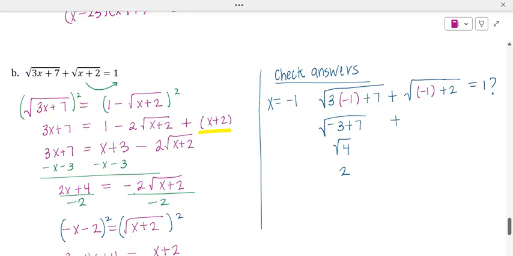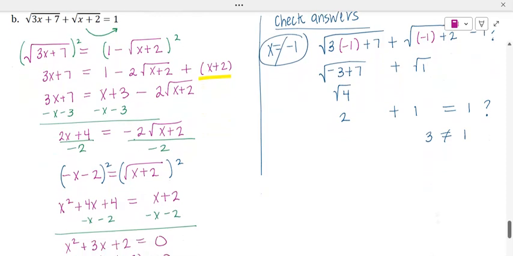And then this is the square root of 1, so plus 1 equals 1. That doesn't look like that's going to work. 3 does not equal 1. So we think that maybe -1 is not a solution.